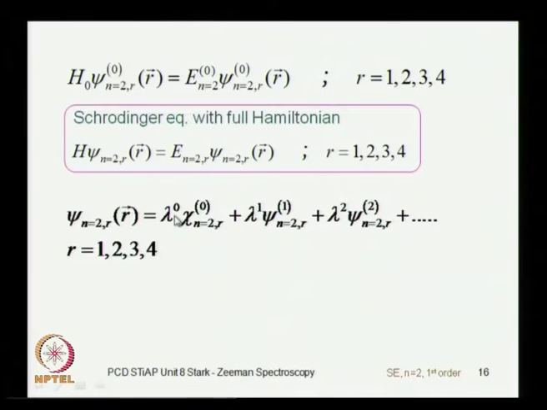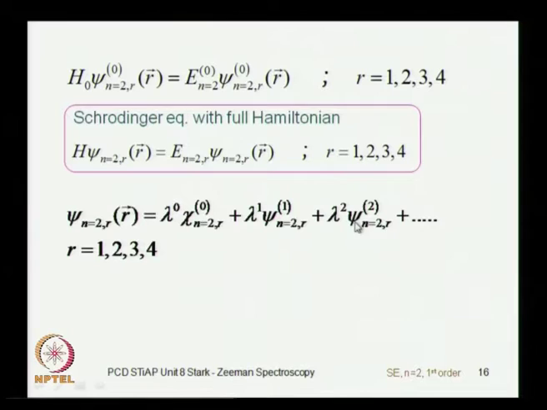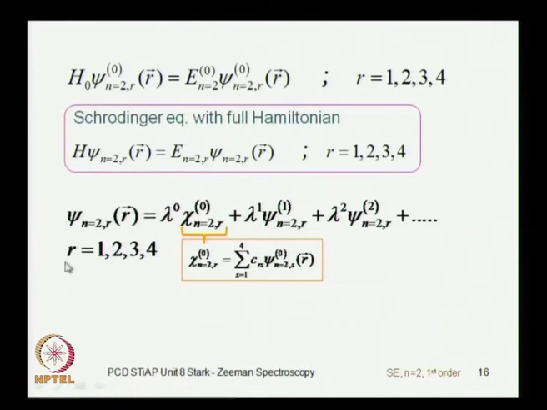So you have got a term in lambda to the power 0 which will be the unperturbed state, but the unperturbed state is not unique, it will be a linear superposition of all the 4 eigenstates, right, and then you will have corrections in the first order, corrections in the second order, and so on. Typically lambda is a small tiny parameter, so the series can converge, hopefully, not that it always does.